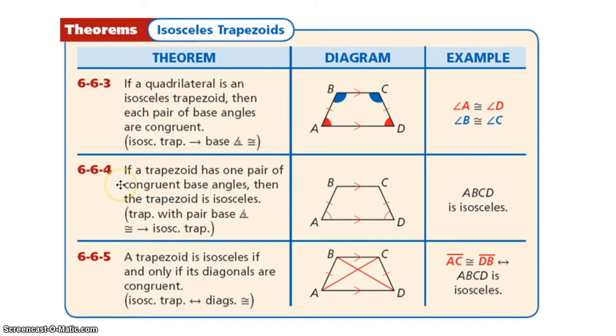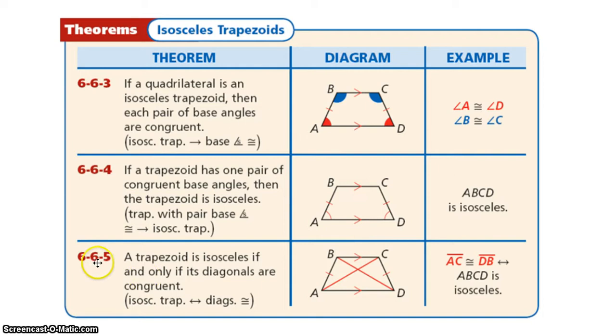Theorem 6.6.4, if a trapezoid has one pair of congruent base angles, then the trapezoid is isosceles. So if we can show that just one of the two bases has a pair of congruent base angles, then we can state that the entire trapezoid is isosceles.